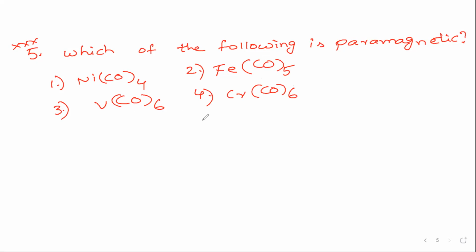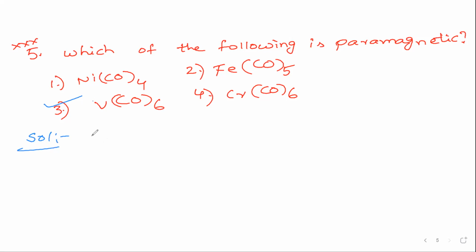Now how to solve this type of questions? Let us see the solution now. Very, very important, this model. So question number 5, let us see now. First, identify the hybridizations.